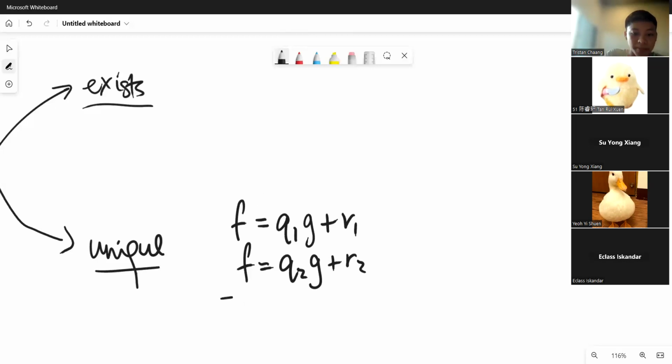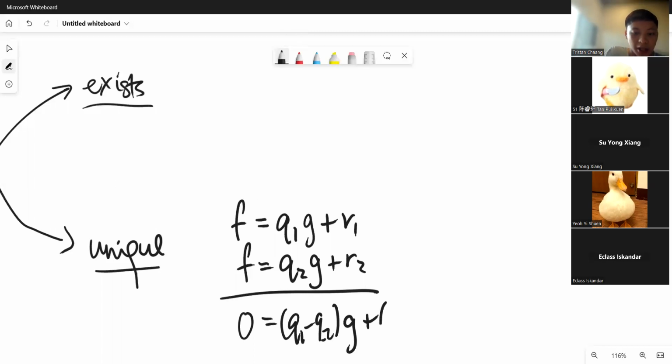So let's subtract them. This becomes 0. This becomes Q1 minus Q2 times G plus R1 minus R2.